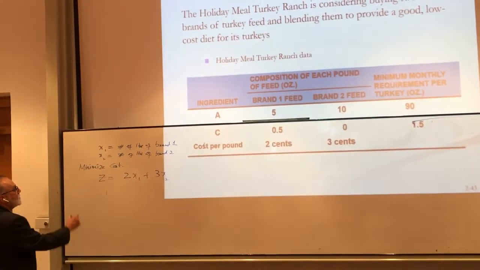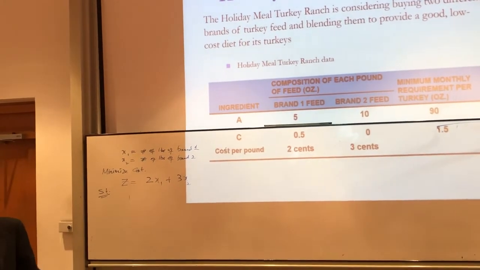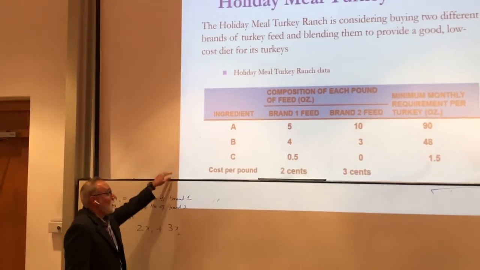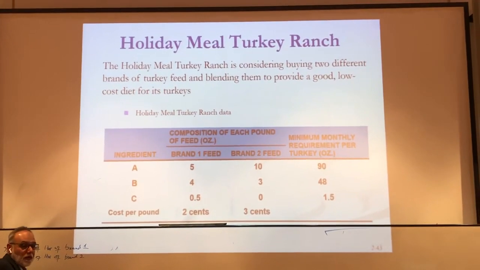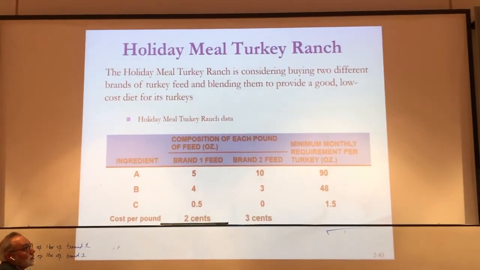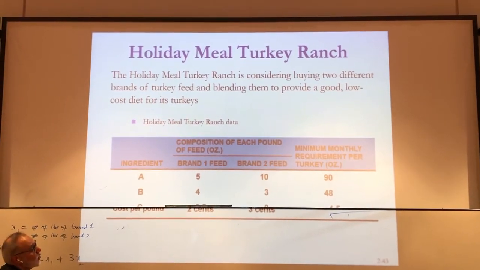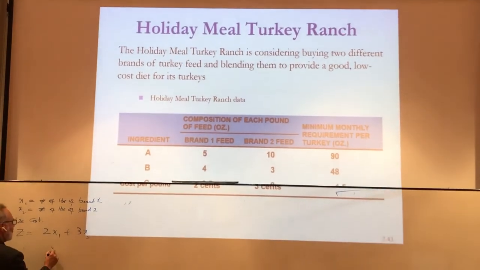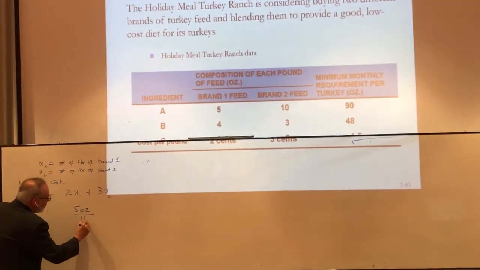Alright. Then subject to, clearly we can see 3 constraints are there. Constraint A, B and C. For ingredients A, B and C, we have 3 constraints. Right? And it says that in brand 1, 5 ounces of ingredient A is there per pound. 5 ounces per pound.